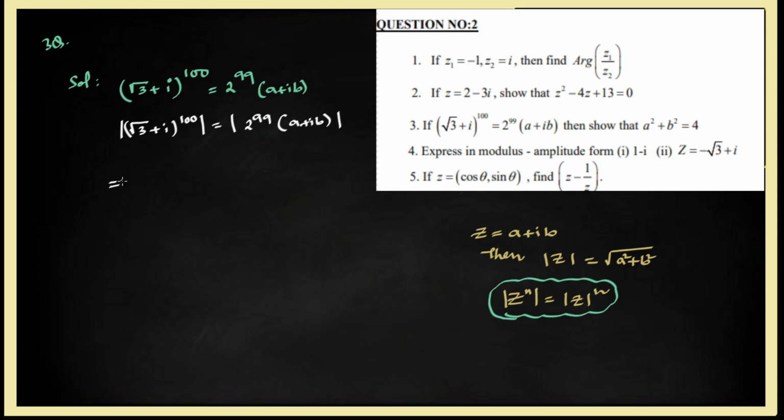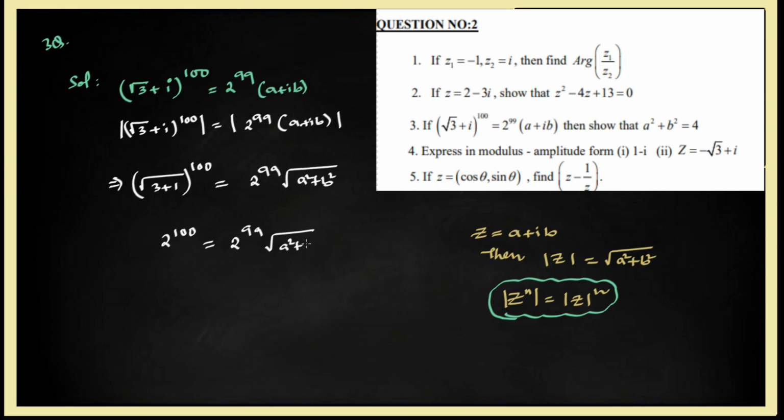So this will become root of 3 square, which is 3, plus b square, which is 1, whole power 100 as it is, equals 2 power 99 constant times root of a square plus b square, the modulus of a plus ib. 3 plus 1 is 4, root 4 is 2, so 2 power 100 equals 2 power 99 into root of a square plus b square.